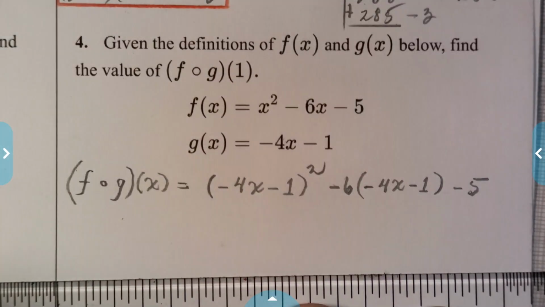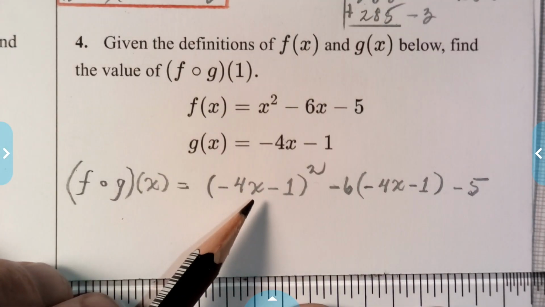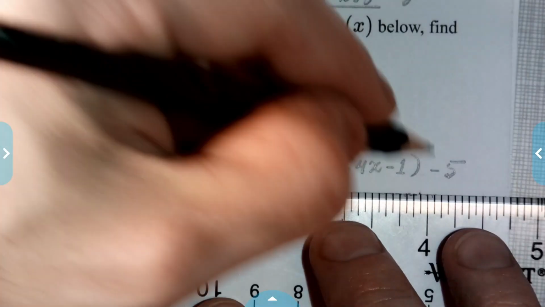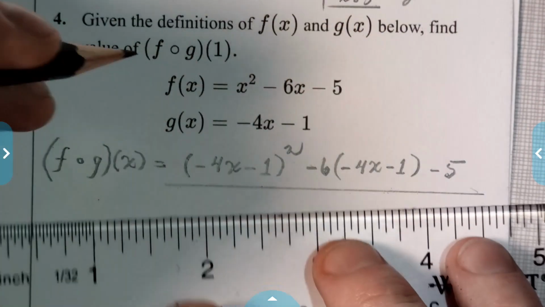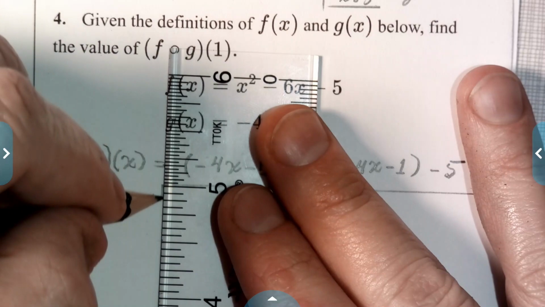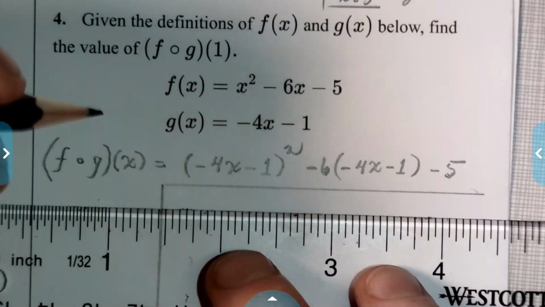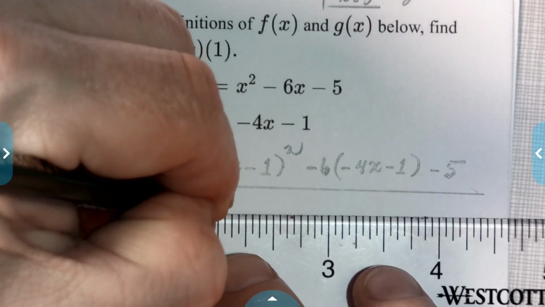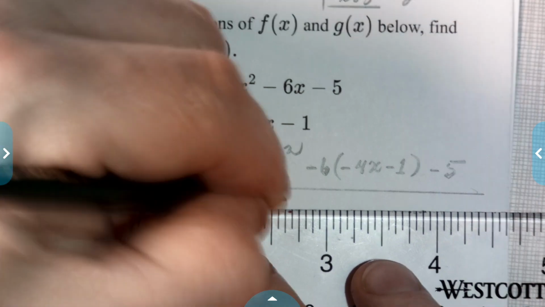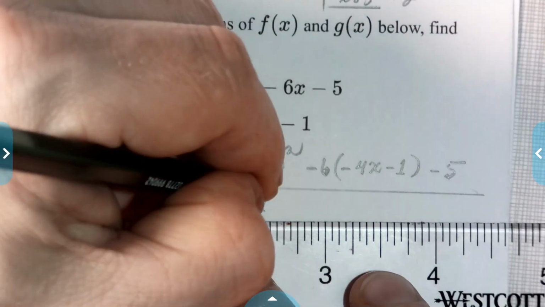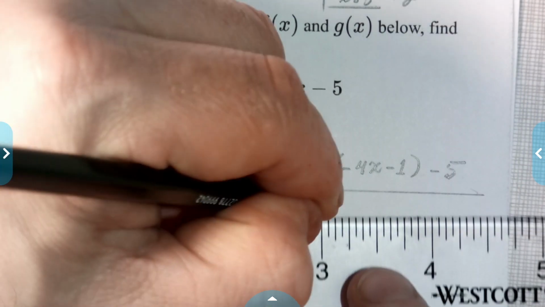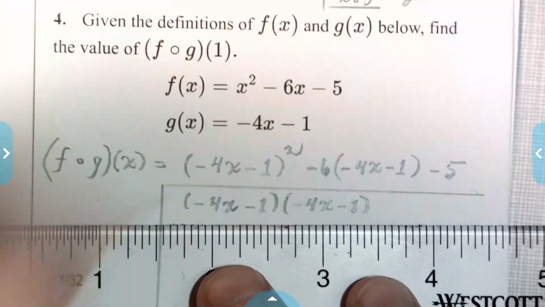Okay, so again, here's this part here that we should probably do separately. Okay, so I've got negative 4x minus 1 times negative 4x minus 1, and I'm using FOIL, okay?